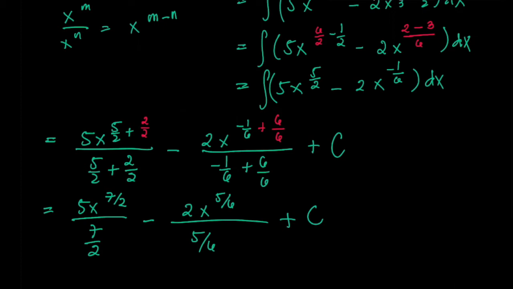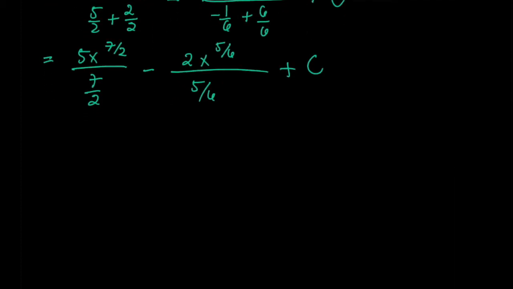Now, when dividing exponents, instead of just dividing by 7 halves, we can multiply by the reciprocal of 7 halves. So 5x raised to 7 halves times the reciprocal, which is 2 over 7, minus 2x raised to 5 over 6 times the same as we did for the previous term, so 6 over 5, plus c.